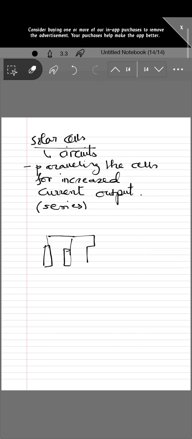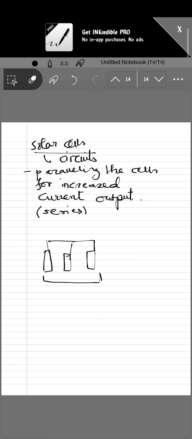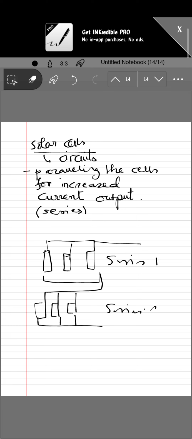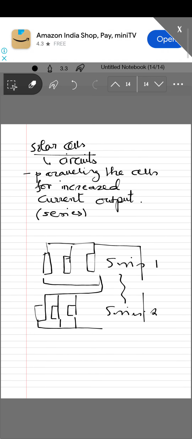So these are connected in series, and this is again connected in parallel to one more series of solar cells. This is series 1 of solar cells connected in series, and this is series 2, and they are again connected to each other in parallel. So we get a high voltage here, around say 2 volts can be obtained.